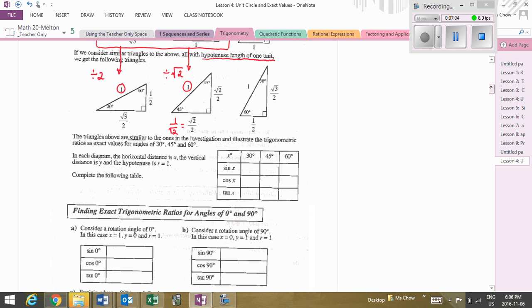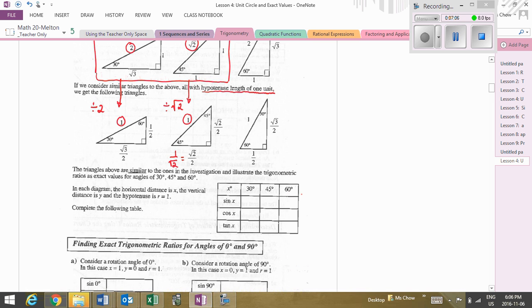So what we can do then is put together a little bit of a summary table. For this, we're looking at it as r is equal to 1. And so we can come up with these values of sine of 30, cosine of 30, tangent of 30, by looking at this set right here, and I would advise you to do so at this point in time, just to see what happens.